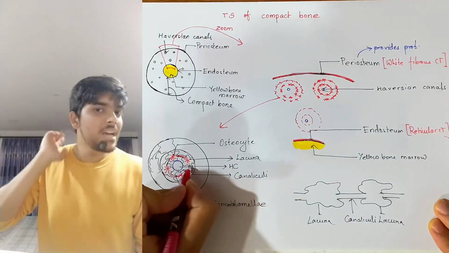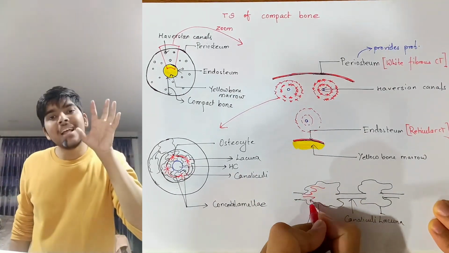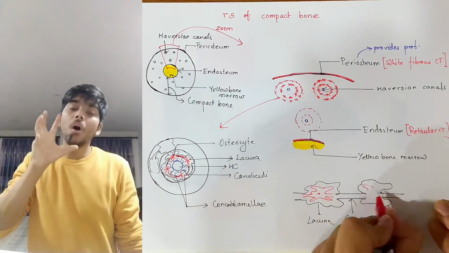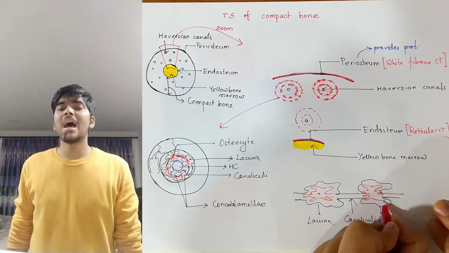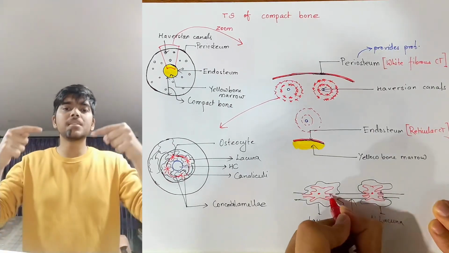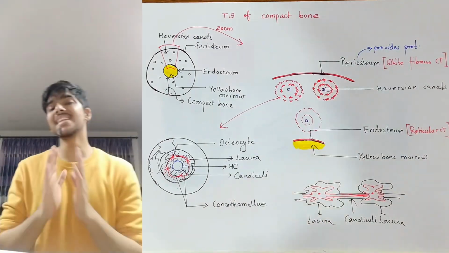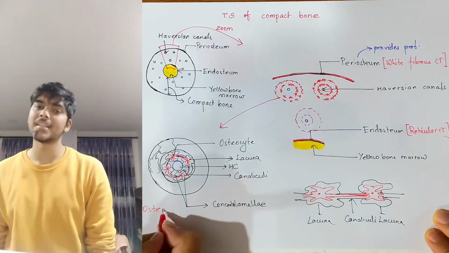Let me show you in the bigger diagram. So there's your one single osteocyte in one lacuna, then there's your another osteocyte in another lacuna, and these two osteocytes are attached together with the help of protoplasm. And this as a whole forms your osteon or haversian system.